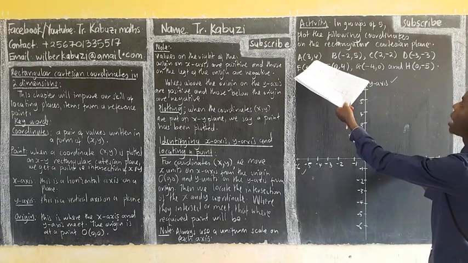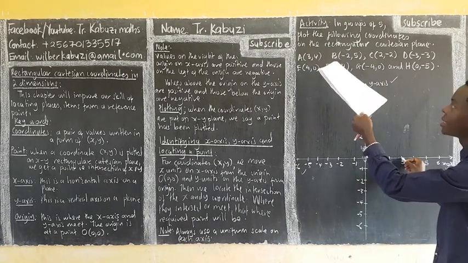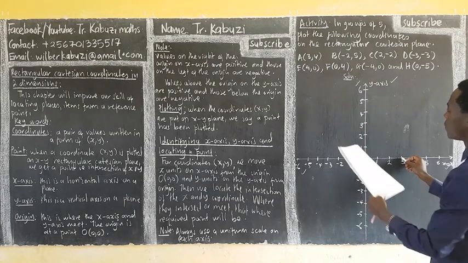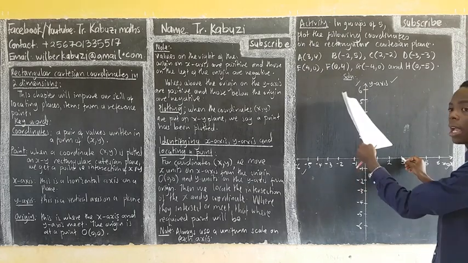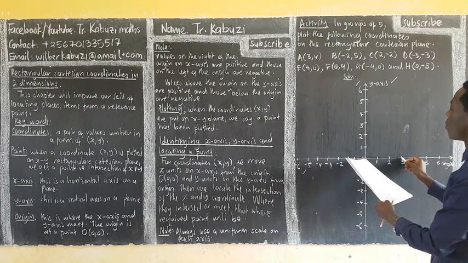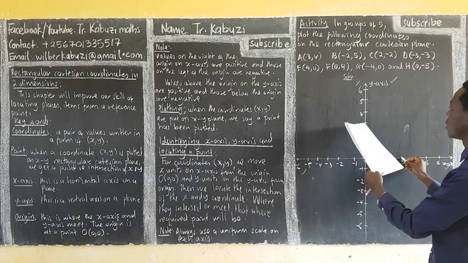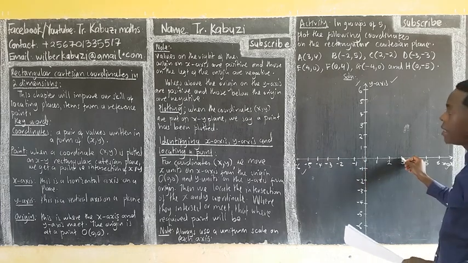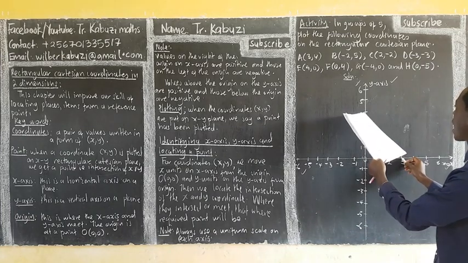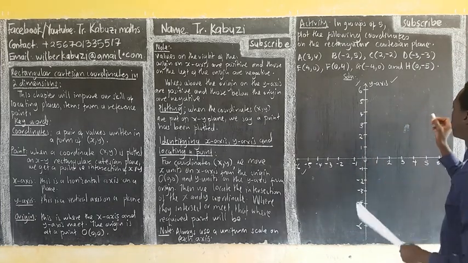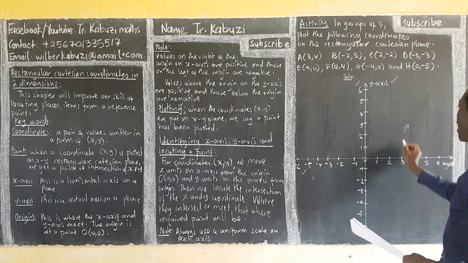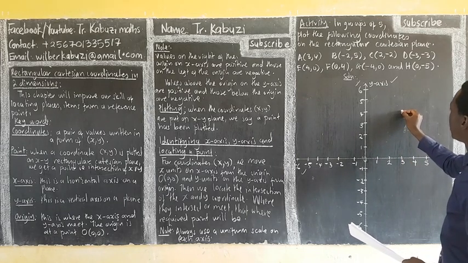Then on the y, we have 4. You have to be careful with the sign. The sign is positive, so we are moving above the origin on the y: 1, 2, 3, 4. Where are they meeting? You see that 3 and 4 meet here.